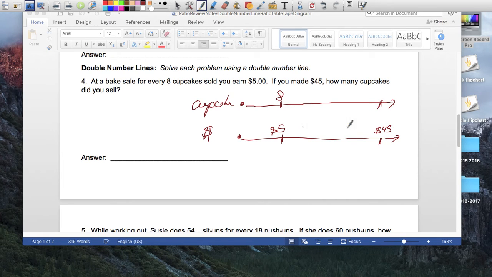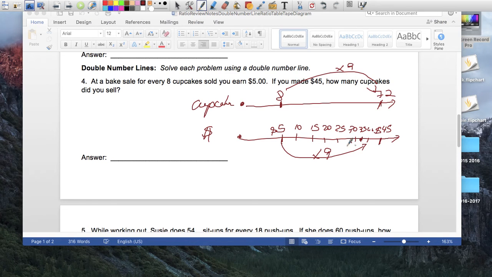Side-to-side relationship. How did the 5 become a 45? It's times 9. So on top, it's going to be times 9. 8 times 9 is 72. Okay, you could have gone 5, 10, 15, and we're counting by 5s at the bottom, 20, 25, 30, 35, and then 40, 45.